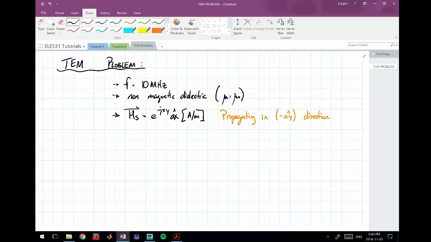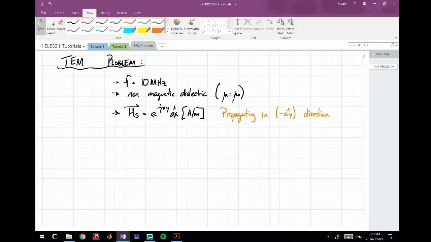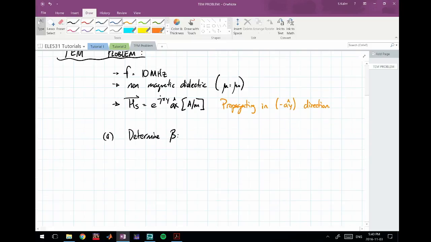So we can start solving what it wants us to find. Part A says determine beta. Now we know in general the H vector will have some H naught e to the j beta y a_x amps per meter, right?